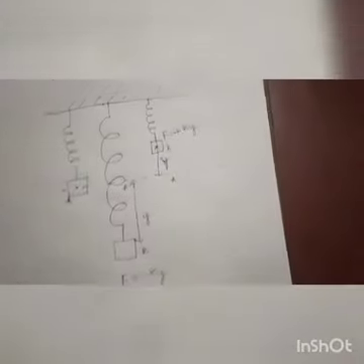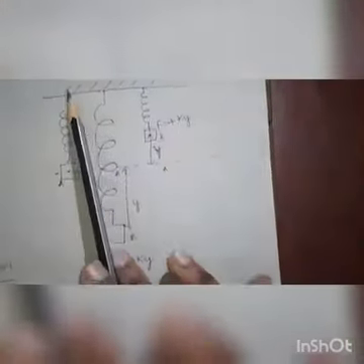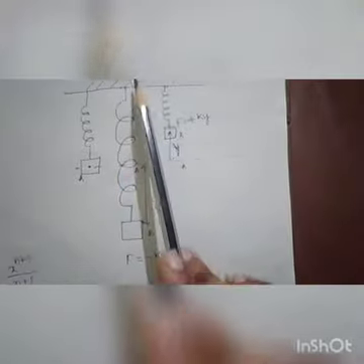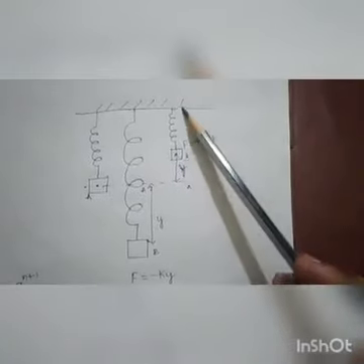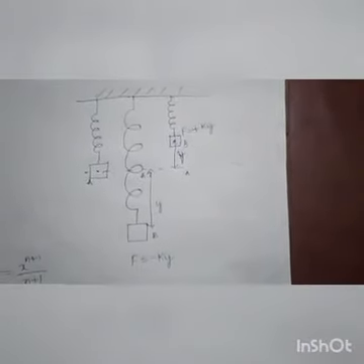This is a horizontally connected spring. For a vertically connected spring like this, the spring is vertically in its mean position. If the spring is stretched, the diagram will be like this. If the spring is compressed, the diagram will be like this.